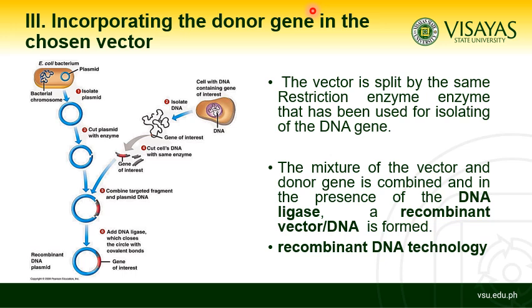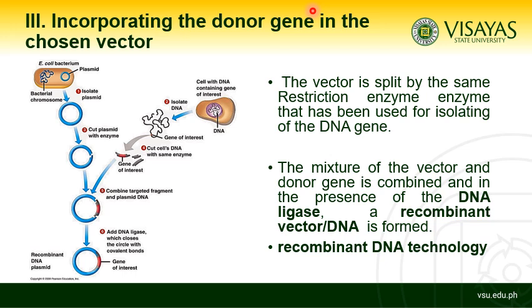So in the terminology of genetics, this intermixing of different DNA strands is called recombination. So naa na tay recombinant. This new hybrid DNA molecule is also called a recombinant DNA molecule, and this technology is called the recombinant DNA technology. So from the plasmid, then we insert a gene of interest.